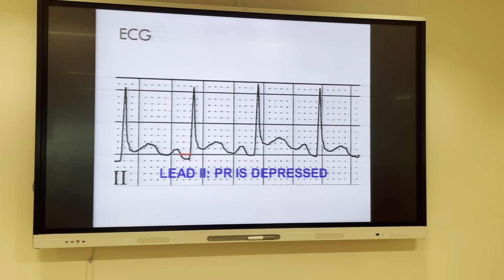So VFib means you have to act very fast. Acute myocardial infarction, why do we take it seriously? Because we want to put the patient in a place where, if you have VFib, you can defibrillate. The mortality of STEMI goes down from 50% to 5% because we have this ability. So we don't want to confuse pericarditis with myocardial infarction.